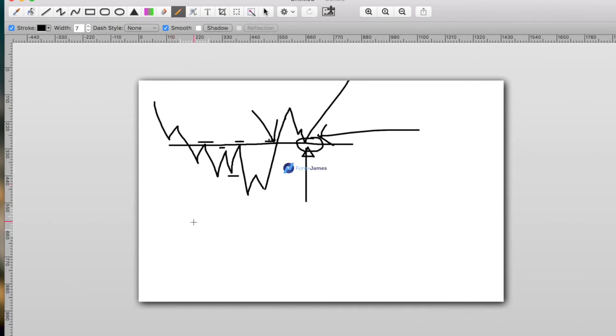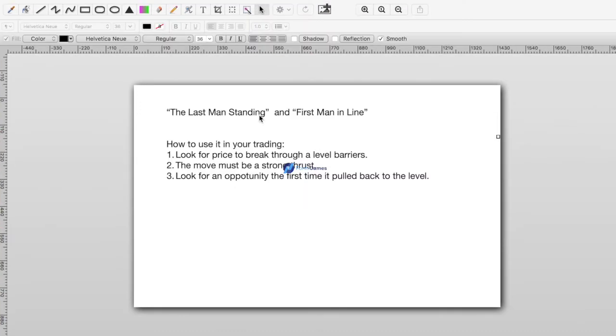After all, price is just people trading, human emotions taking part, and you can see the same chart patterns over and over again. So let's take a look at some charts now. Just to recap quickly, this is a level where the last man stood and where the first man would jump in from.